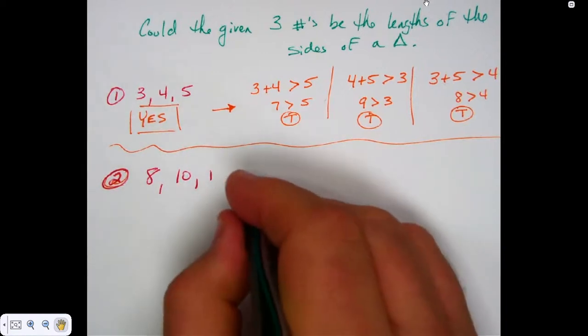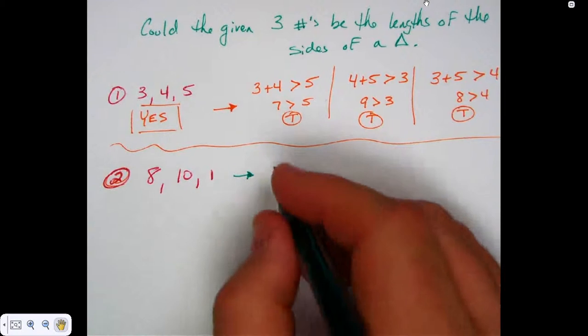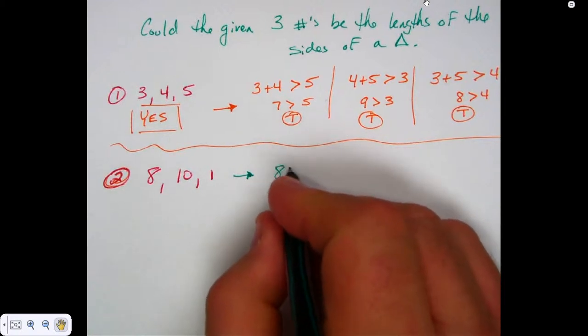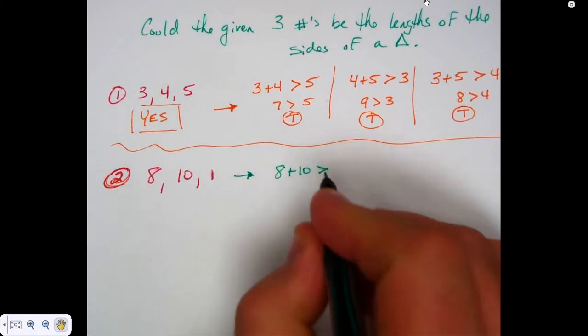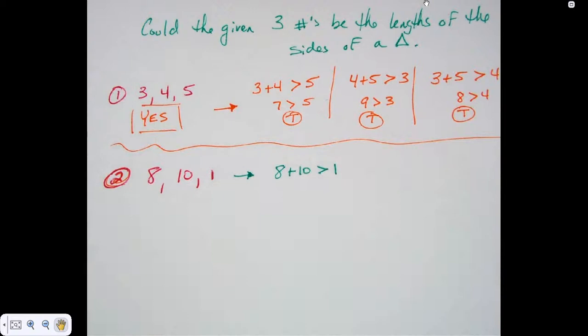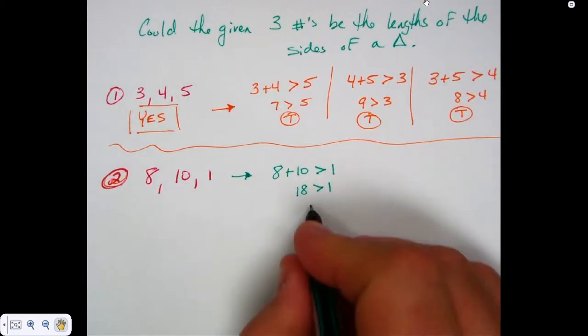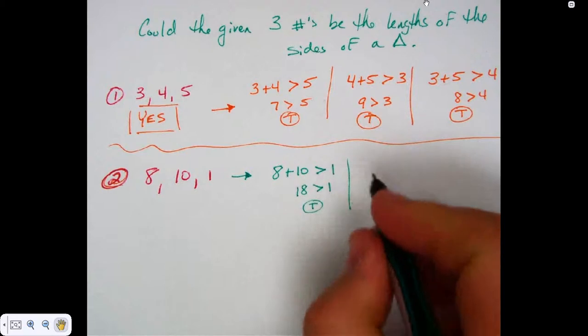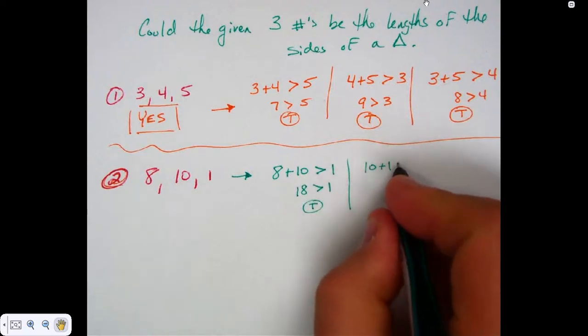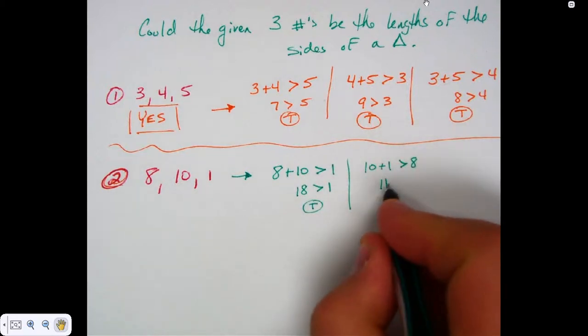Let's look at this one. First one would be what? 8 plus 10. Is that greater than 1? Is 18 greater than 1? True. 10 plus 1. Is that greater than 8? Is 11 greater than 8?